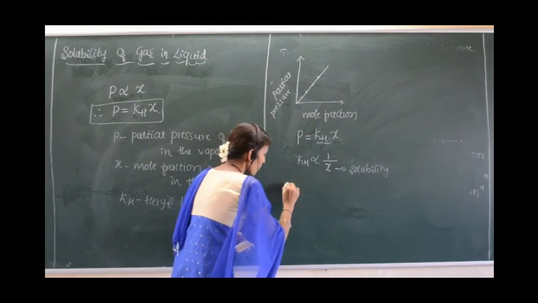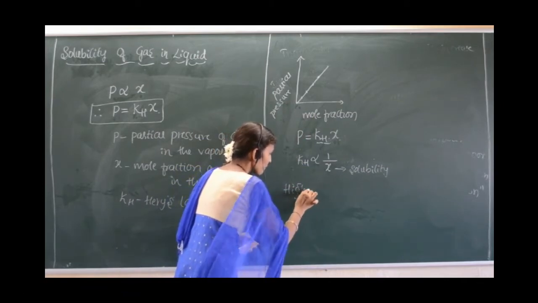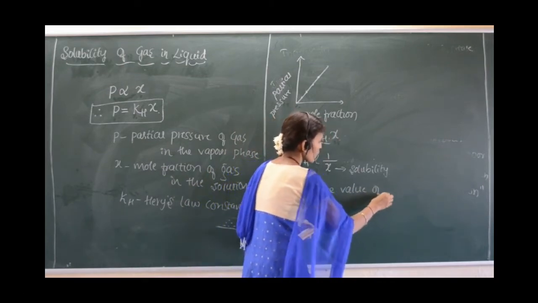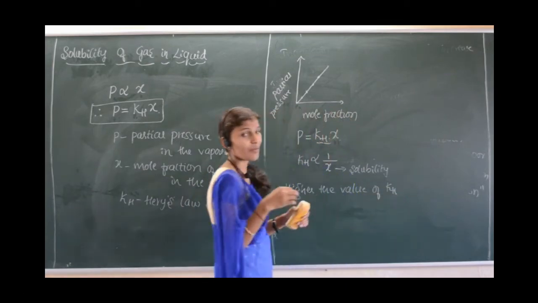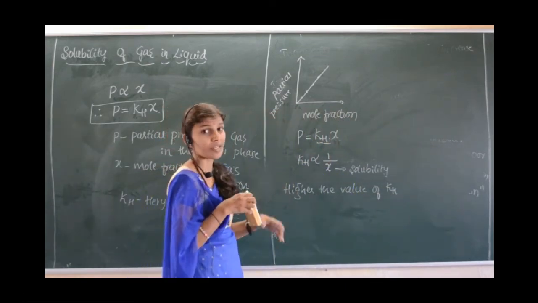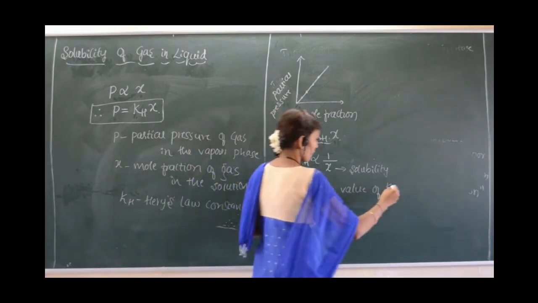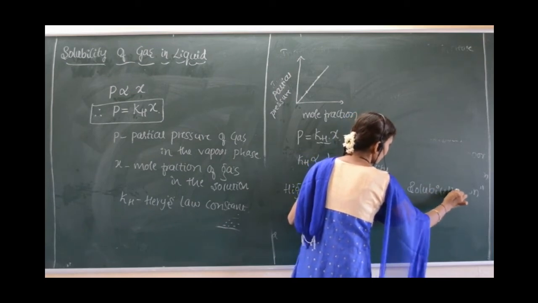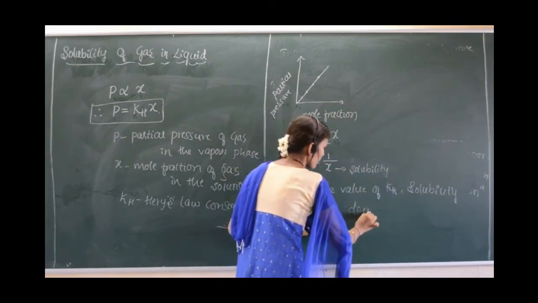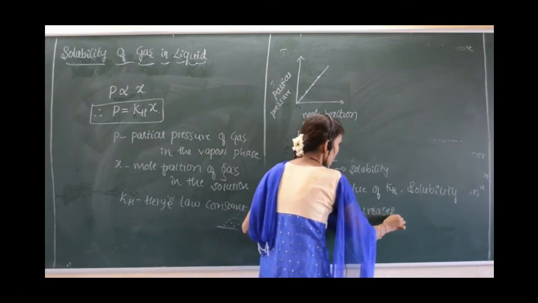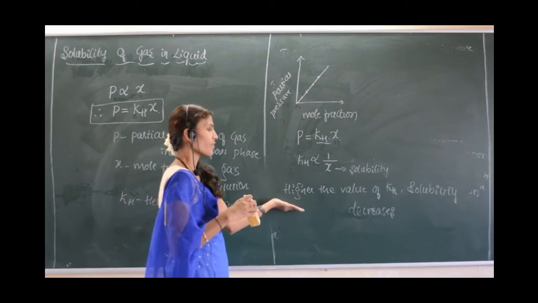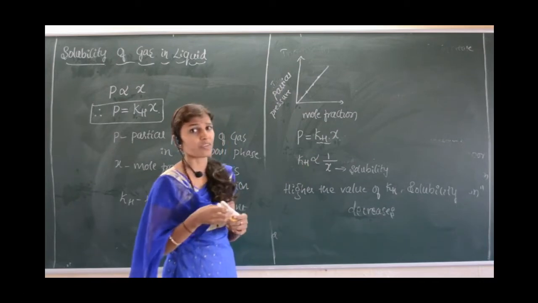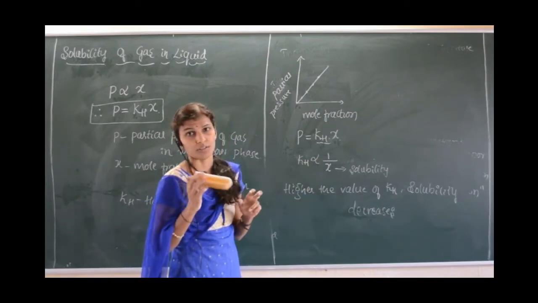So, larger the value of Kh, as the value of Kh is more, then what about the solubility? Solubility decreases. And the lesser the value of Kh, the solubility will increase, because the relationship is inversely proportional, not directly.